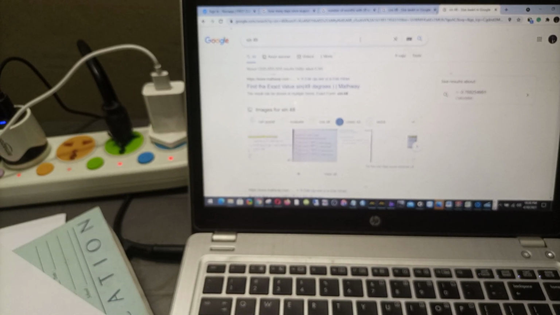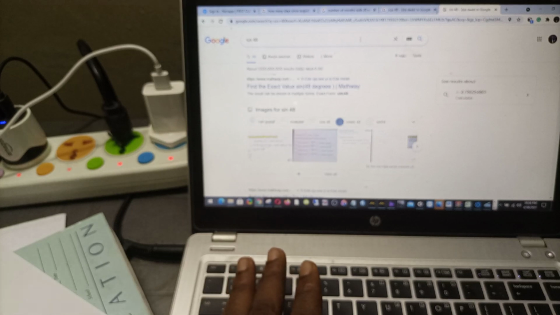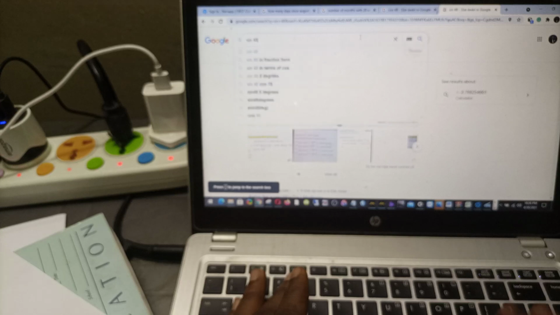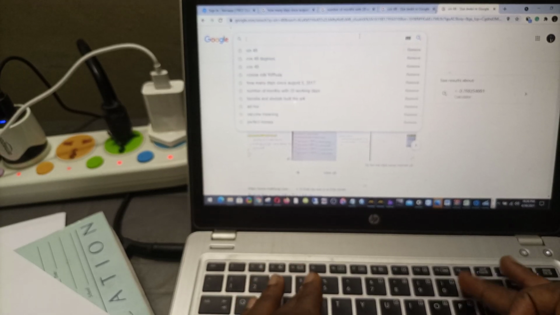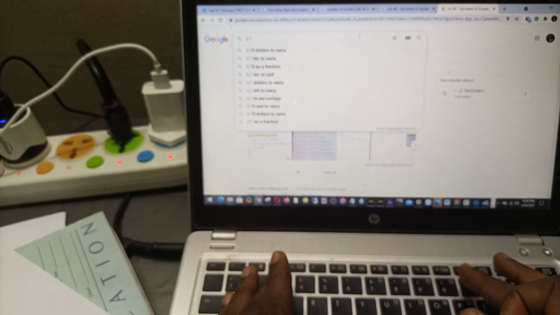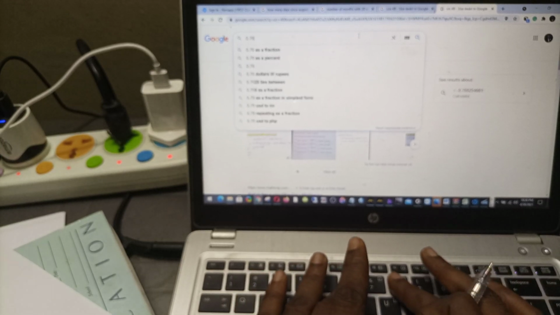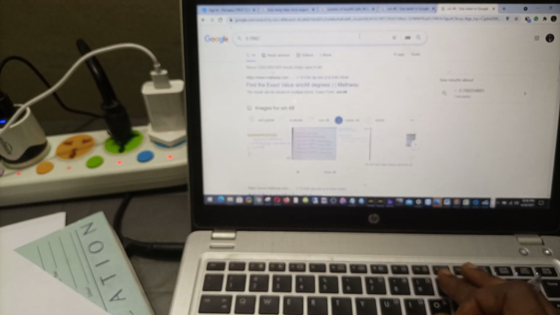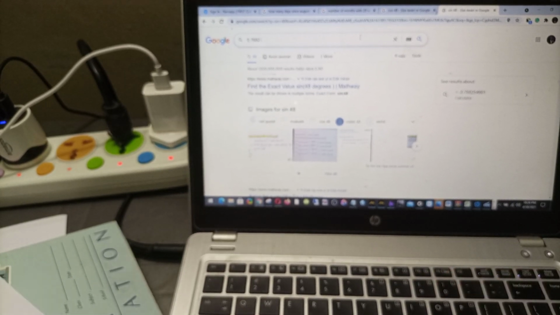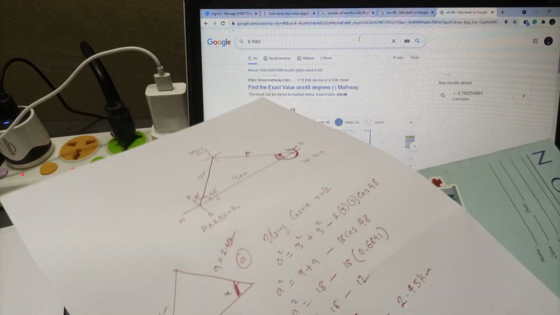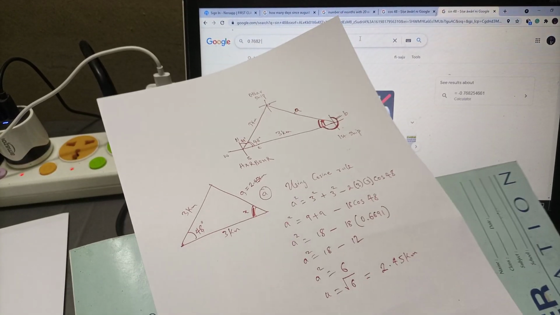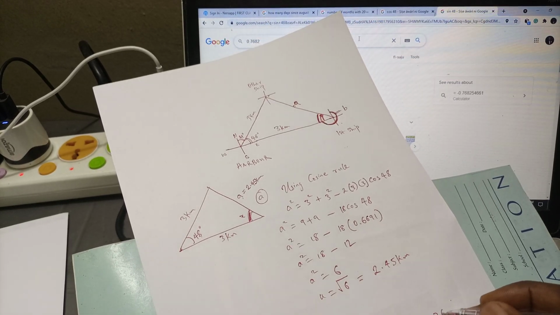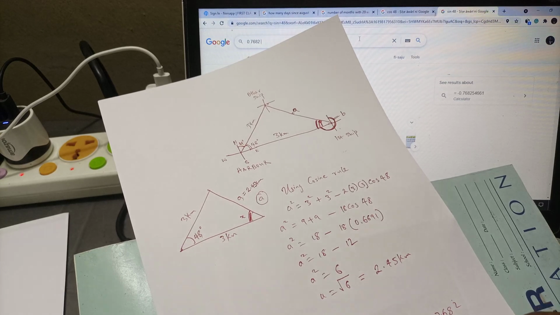Sine 30 is 0.5. Okay, so it gives us 3 times 0.7431 over 2.45.